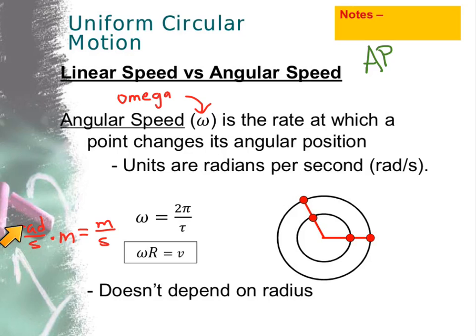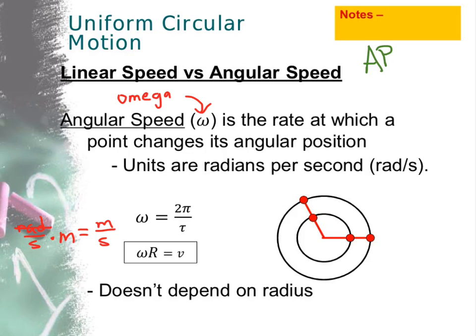But we have this thing radians still attached. And that's why I told you that radians are actually a dimensionless unit when it comes to unit conversions. So when we're doing unit conversions, we don't even think of radians as a unit. It immediately goes to meters per second. All right.